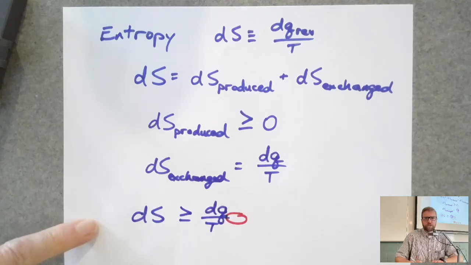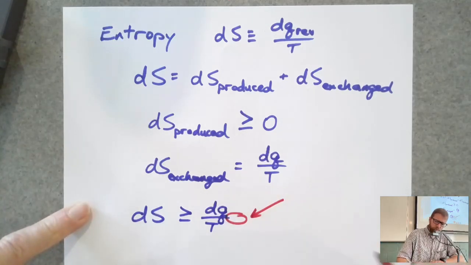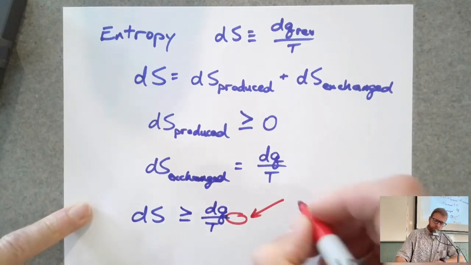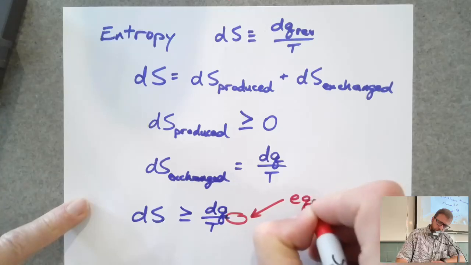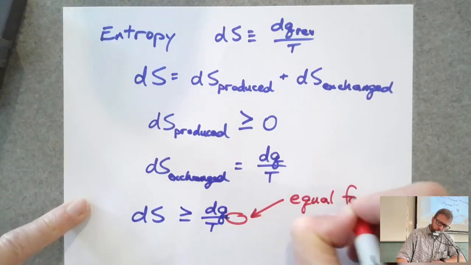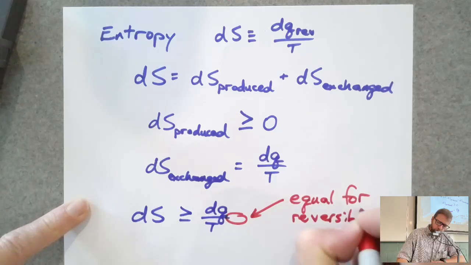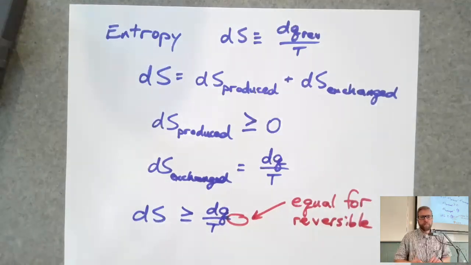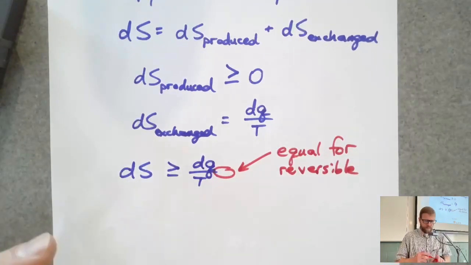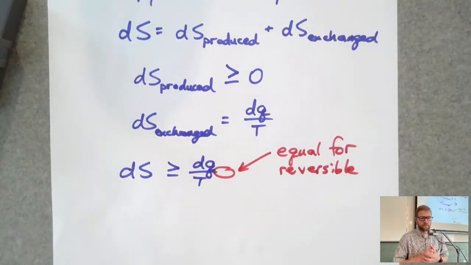There's no reversible, right? So this is equal for a reversible process, and it's greater than for an irreversible process.